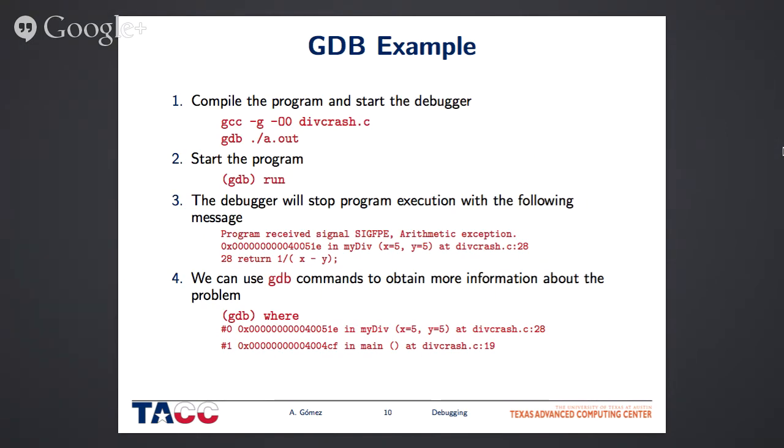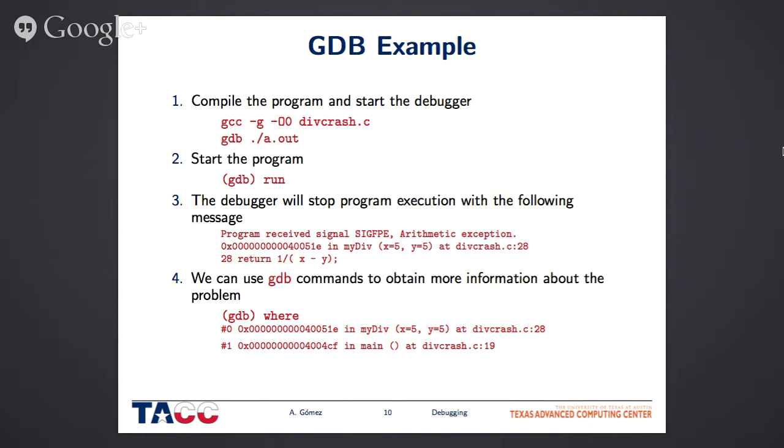So the first thing you have to do is to compile, as I said, with -g and -O0. And let's say the name of this executable is a.out. Well, we just call GDB with a.out, and we run the program, okay?